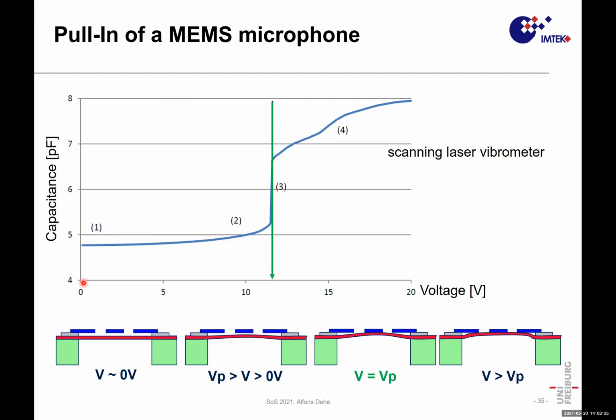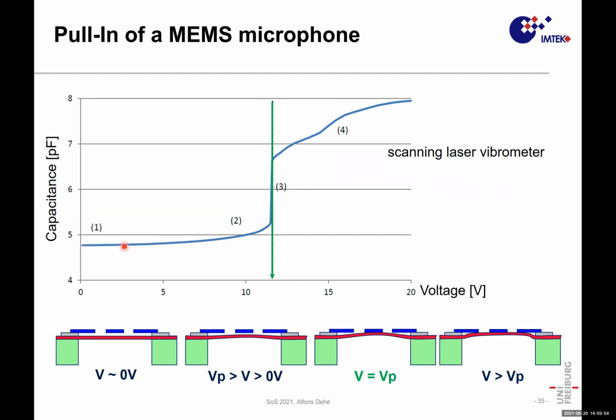You have the voltage over this condenser, and there's just a cross-section of such a microphone. If you run up the voltage, the diaphragm is displaced. At the pull-in, it is hitting the back plate. And if you increase the voltage further, then the membrane is ever tighter, clamping to the back plate. And this is exactly this capacitive measurement. So at 0 volts or at low voltage, we have some 4.8 picofarads capacitance.